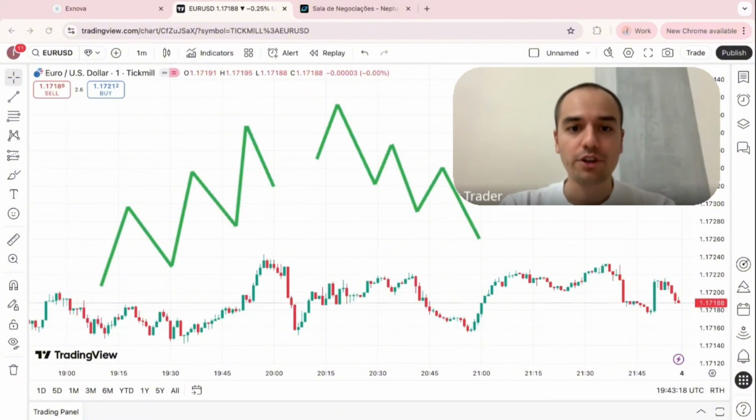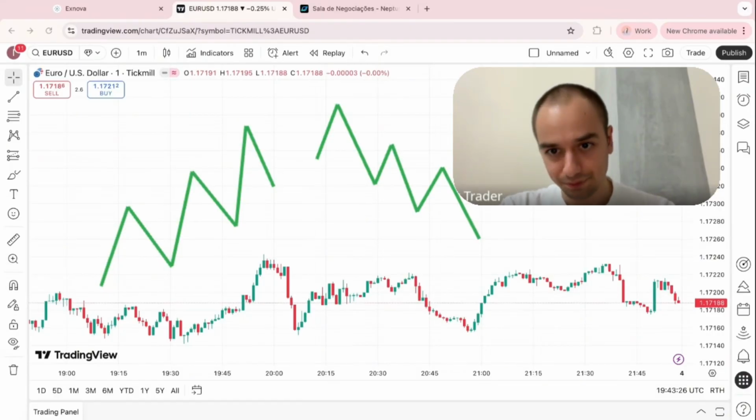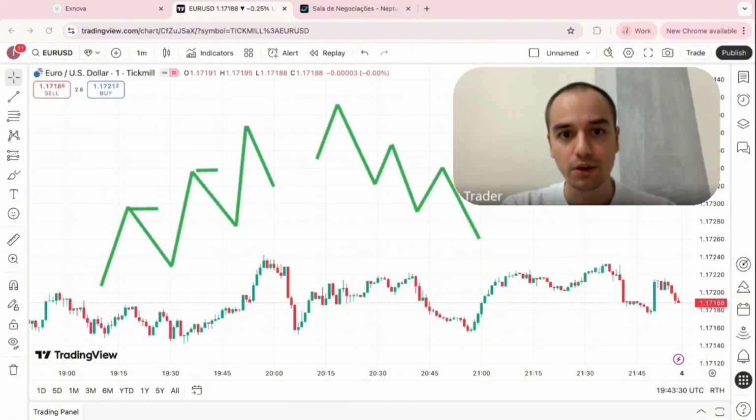An uptrend is essentially a series of higher highs and higher lows. Here what you see is higher highs and higher lows. And the downtrend is essentially a series of lower lows and lower highs. How many highs and lows do you need? This is typically not something important.